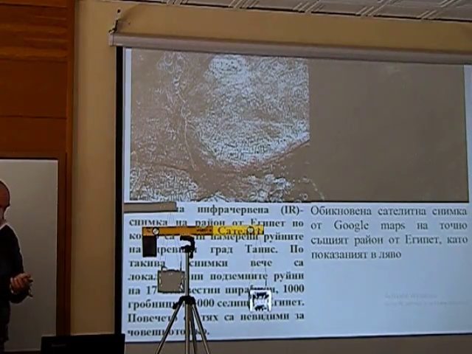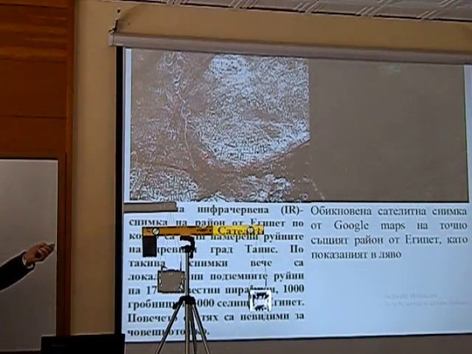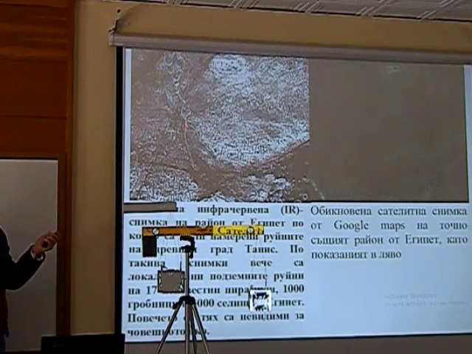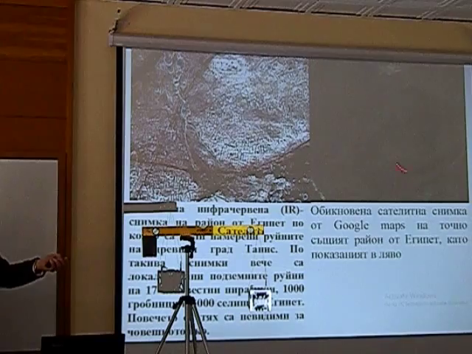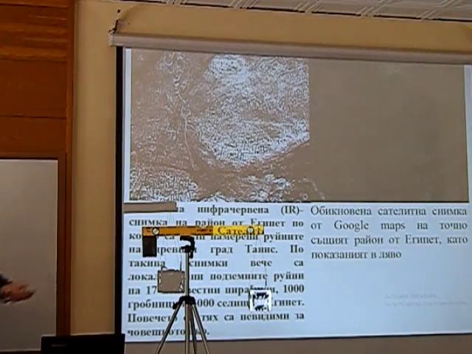Now, here you can see an infrared picture of one piece of the desert in Egypt. Ognan just told you about this. This is a huge city which is not visible in normal light. This is a normal Google Earth picture of the same region.